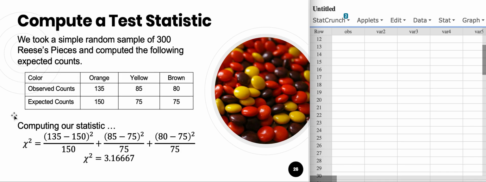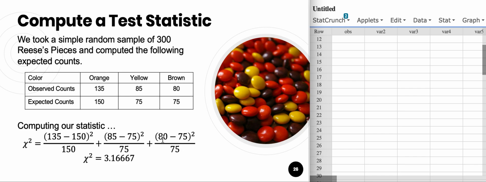To compute our chi-square statistic, we take each observed value and find the difference between that and the expected value, square that difference, and then divide by the expected value. So for orange, we have (135 minus 150) squared divided by 150. For yellow, (85 minus 75) squared divided by 75.